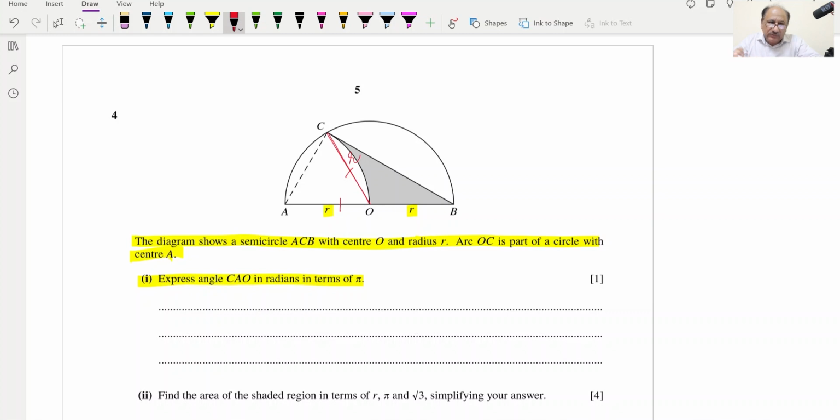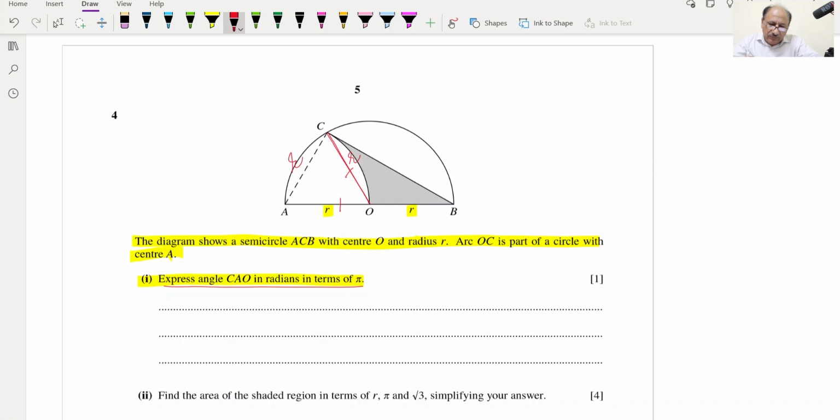And we know that, they are saying the diagram shows a semicircle ACB with center O and radius R. Arc OC is part of the circle with center A, and express this angle in radians in terms of pi. Okay, so what we can do, we can consider this. This will also be R, and all three sides are R.